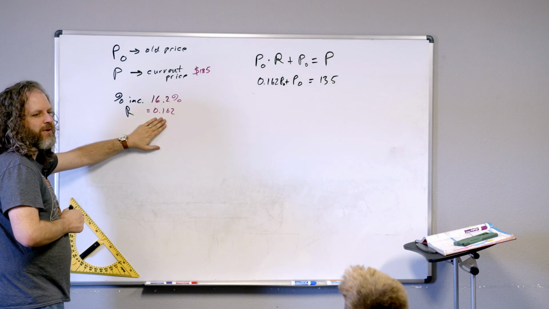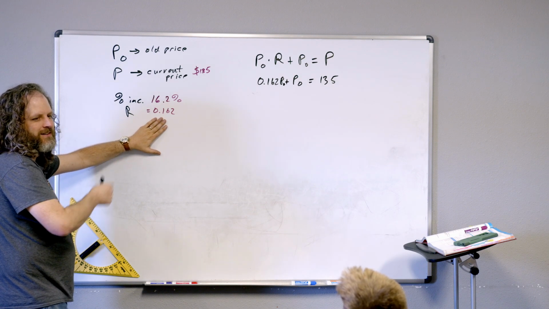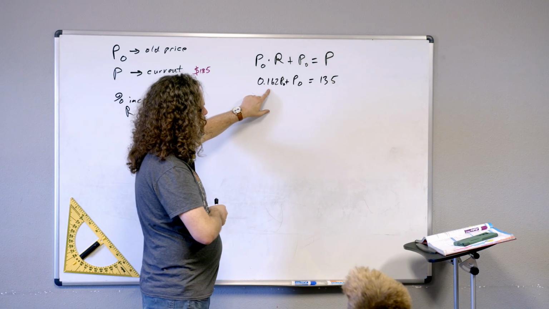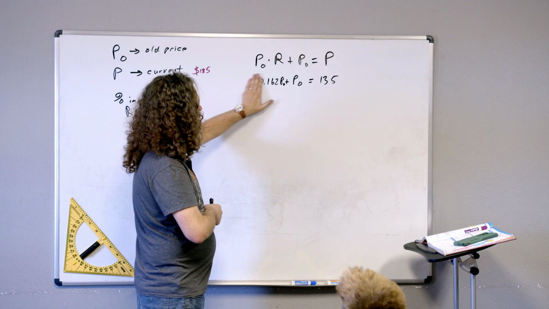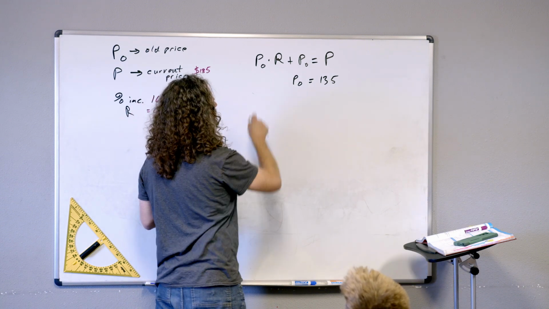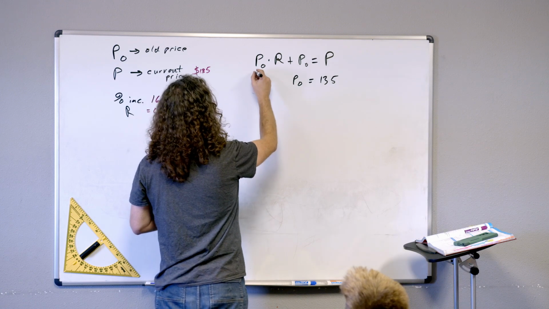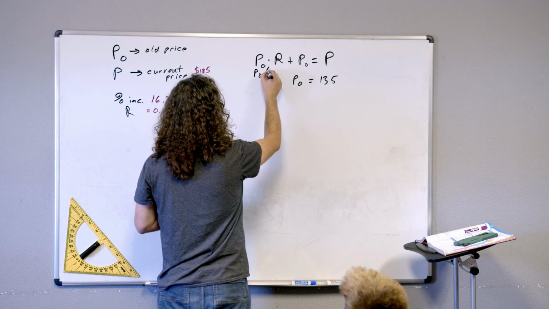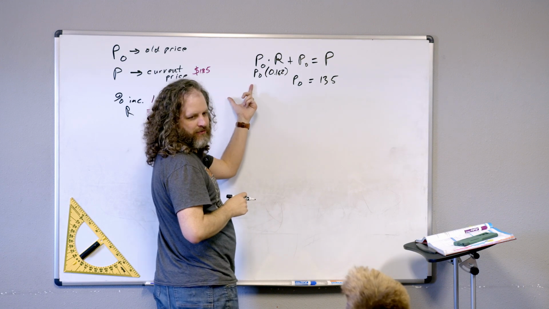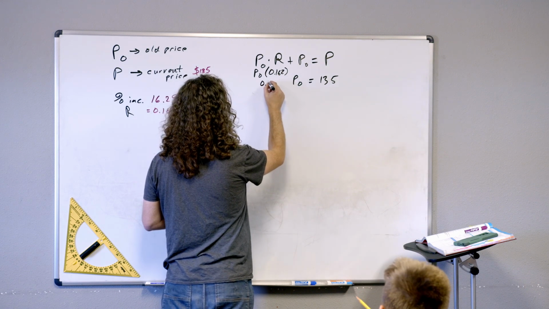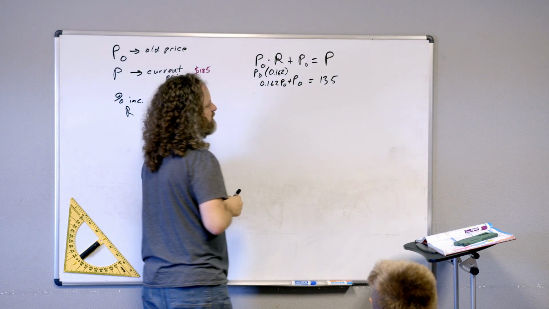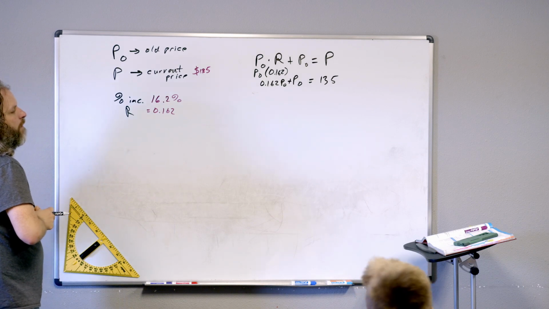We've done this lots, where you put a number in for a letter. 0.162 is the R. I think what's confusing you is the order that it's written in. We usually write numbers in front of variables, and so I just wrote the 0.162 and then P naught.